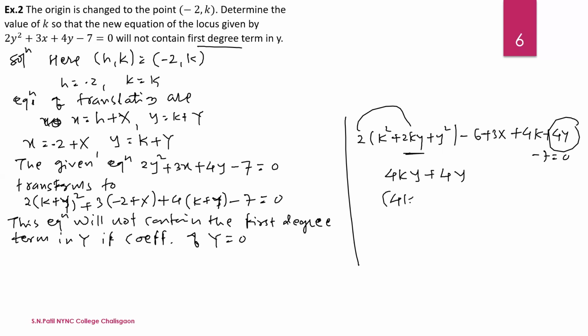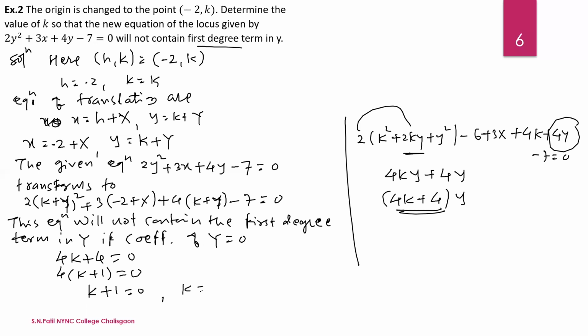That is (4k plus 4) into Y. So if the coefficient of Y is 0, then 4k plus 4 is equal to 0. Here 4 is common, so k plus 1 is equal to 0, since 4 is never 0.